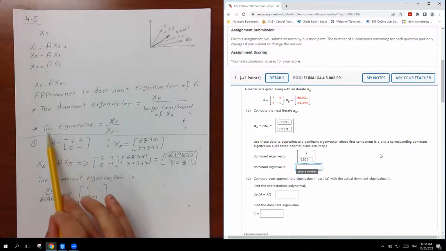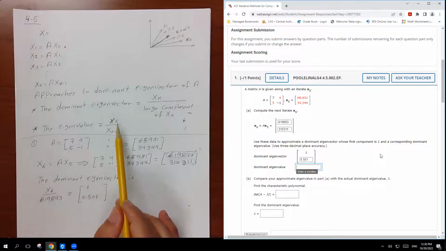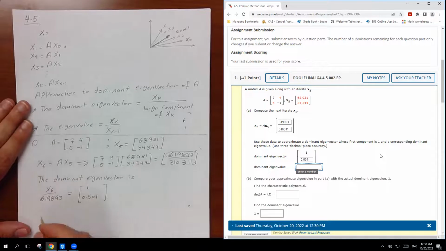How are we going to find the dominant eigenvalue? We're going to divide the components of xk, which is x6, by the previous one, x5.